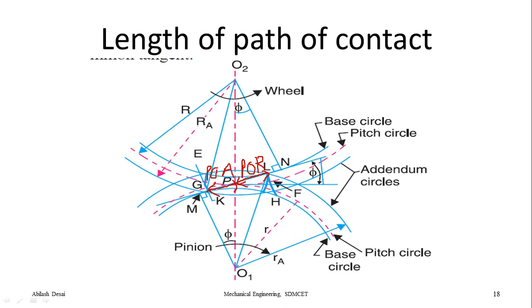And the total length is known as the path of contact. So whenever two gears are in mesh, the total length taken from when the mesh begins to this point is the path of contact.